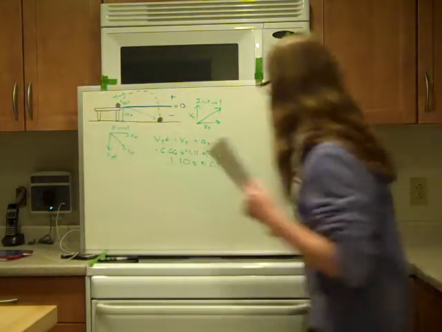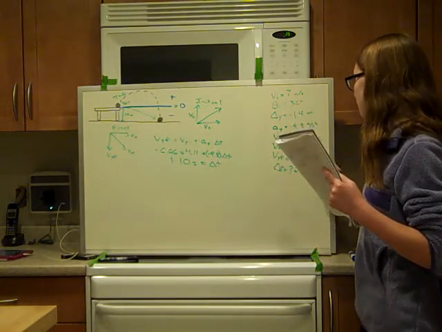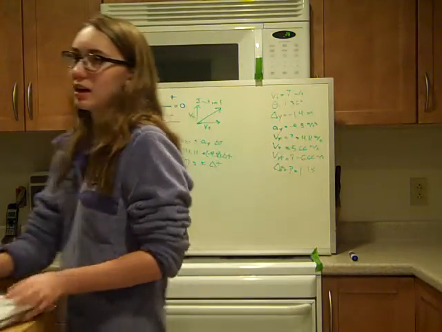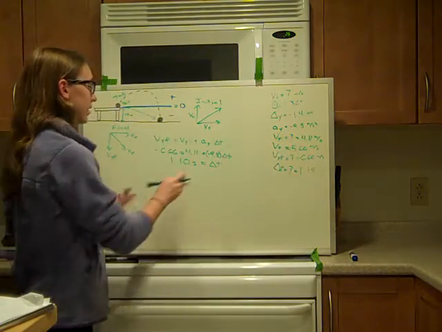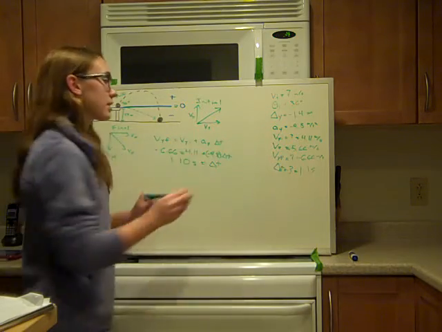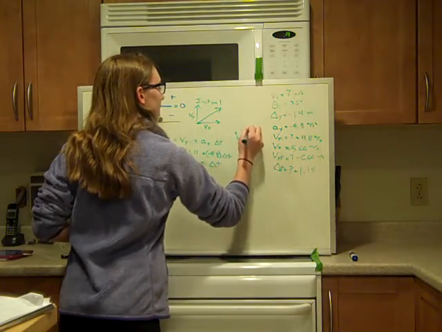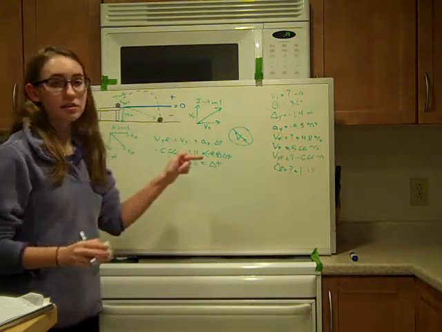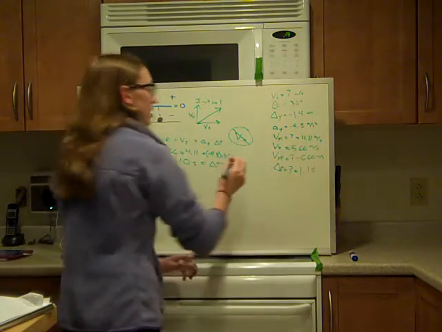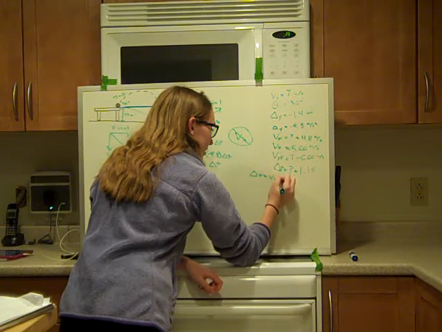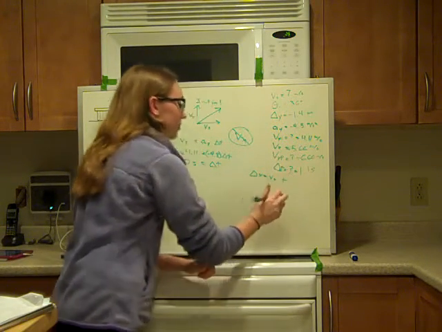So then we're just going to write that over on the side. This is an equation that we've used before, one that we're familiar with. It's just doing it with a vertical variable instead of a horizontal. Now, why wouldn't you use Vx for this? We're definitely not going to use Vx. But why? Because Vx is always constant. With Vx, you can only use the equation delta x equals Vx times delta t.